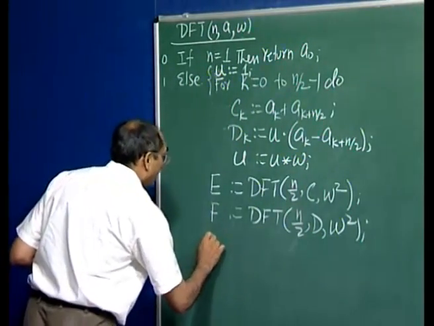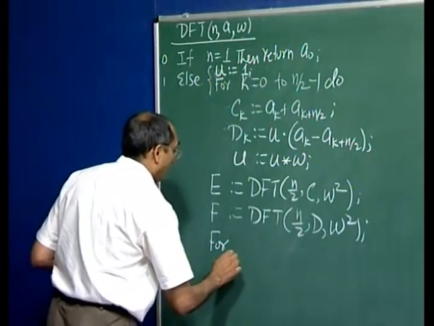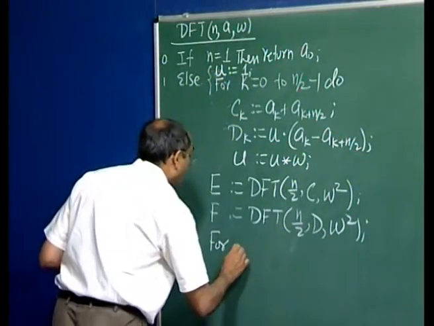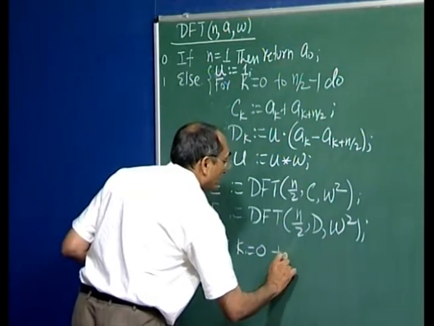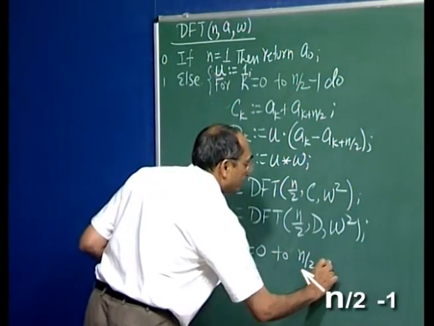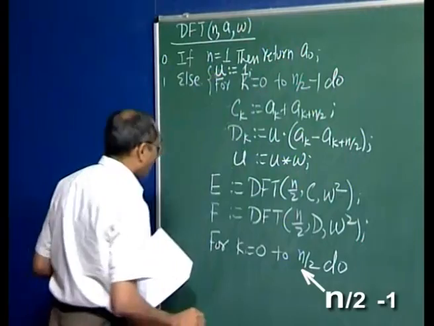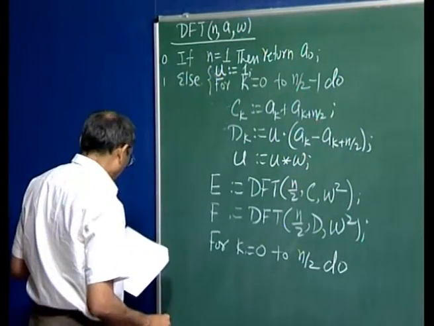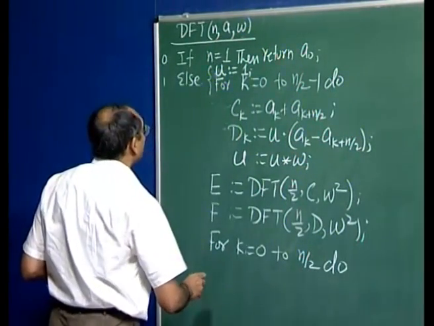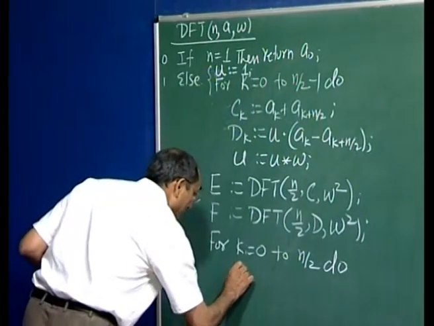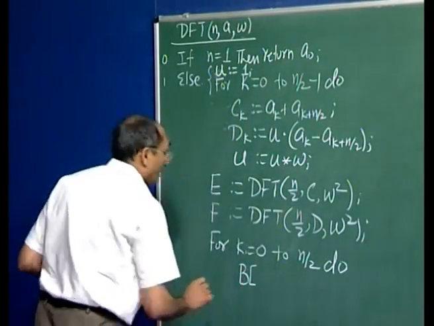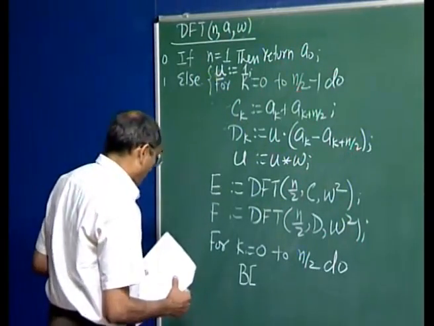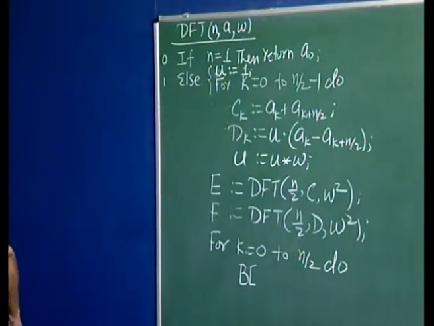For combining, we will need again for k going from 0 to n by 2. Let's define B, or rather we have been using just the index.